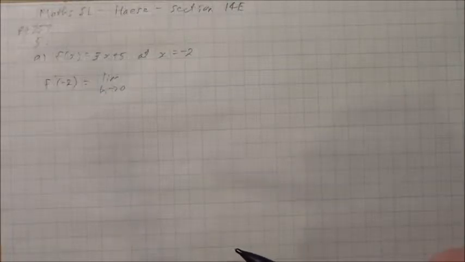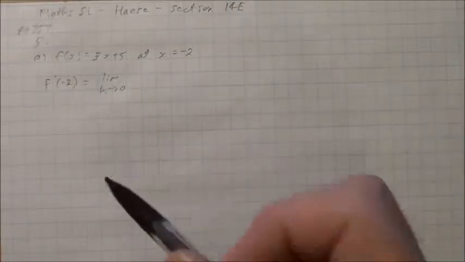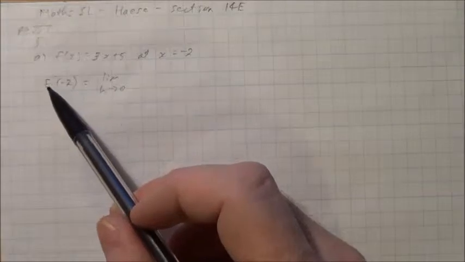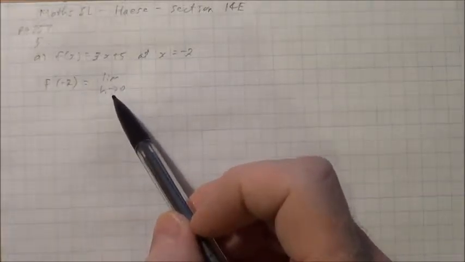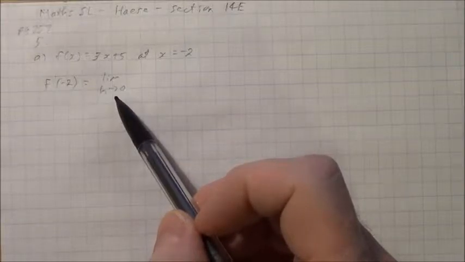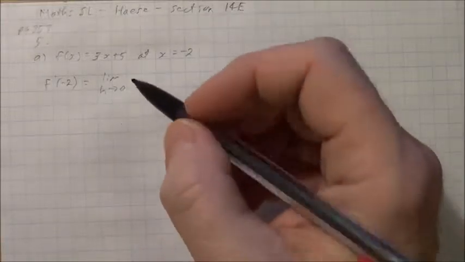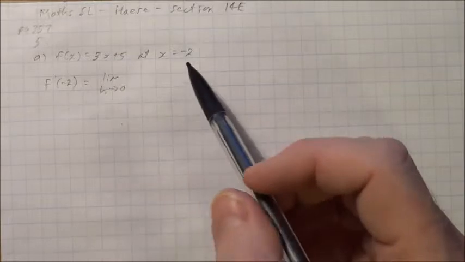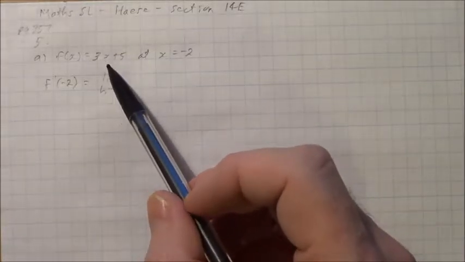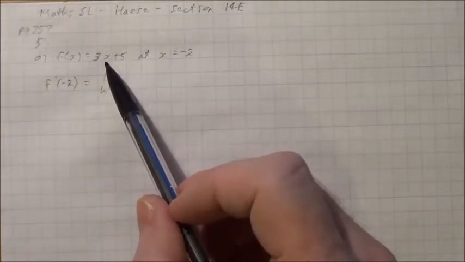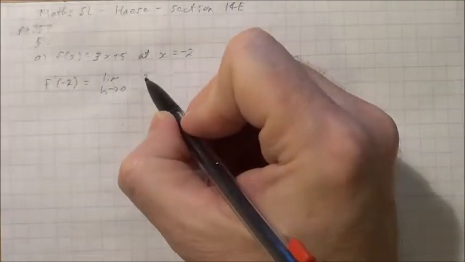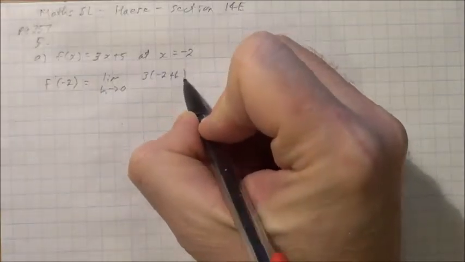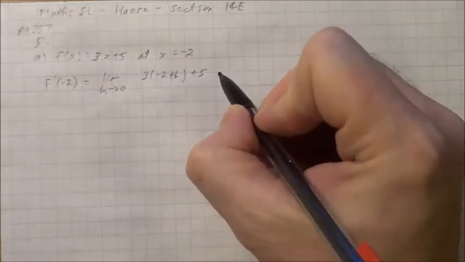So we use the same technique as we did in question number 4. So we'll find f prime of negative 2 in this case. And we use the limit definition of the derivative, which is from first principles. And so I'll just substitute in, instead of x plus h like we had in the general case, I'm going to substitute in negative 2 plus h in for x in the first part.